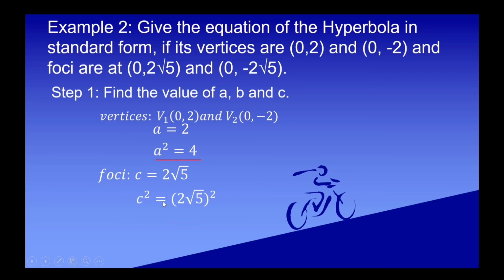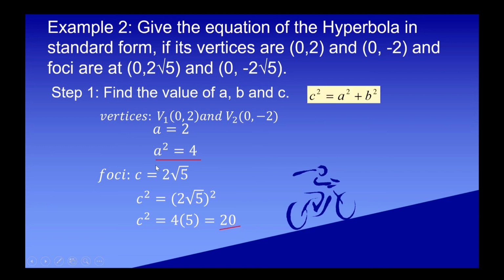So c squared: square the 2 square root of 5, so 2 times 2 is 4, then square root of 5 times square root of 5 is 5, so 4 times 5 is equal to 20. So we have the values of a squared and c squared.